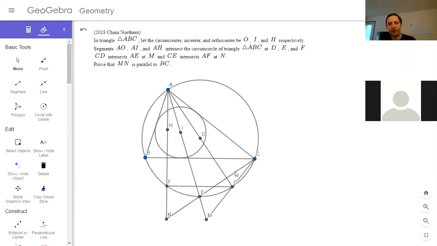So AD is the diameter. E is the midpoint of this arc. Let's see. How would we show that? I wonder if ND is tangent. No.